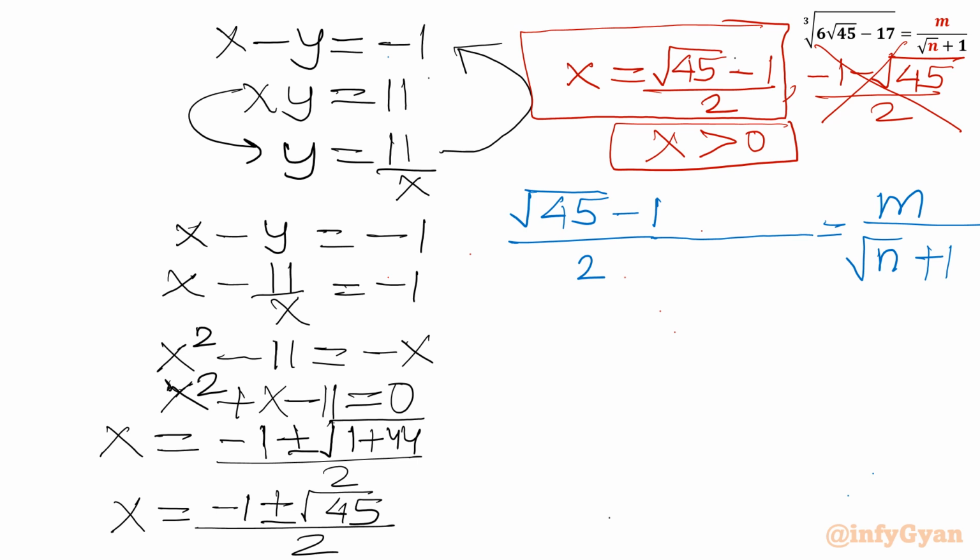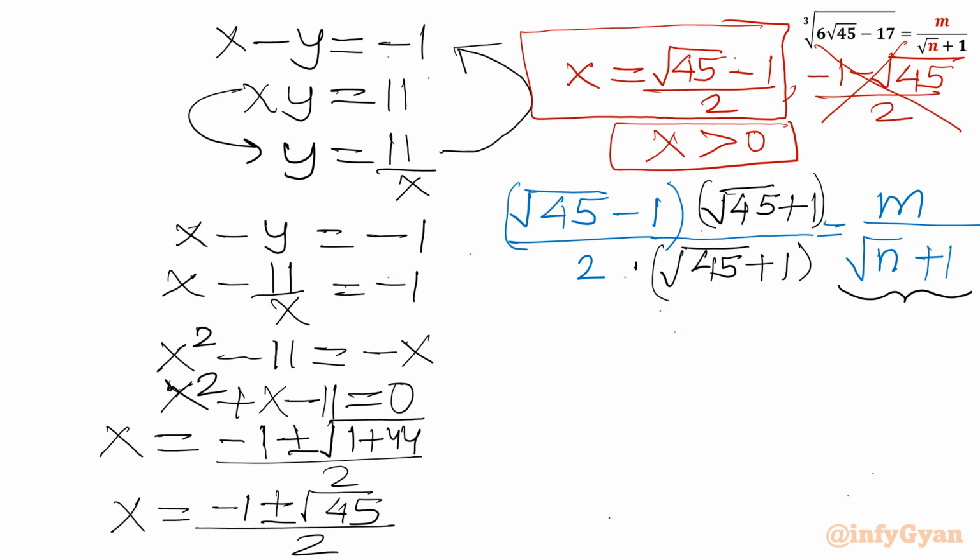Now I will rationalize our numerator this time, because we have the right hand side with a denominator with a square root. So I will be writing here square root 45 plus 1, and I will multiply in the denominator also root 45 plus 1.